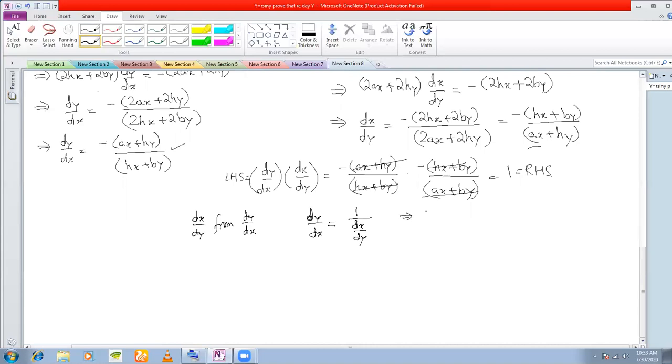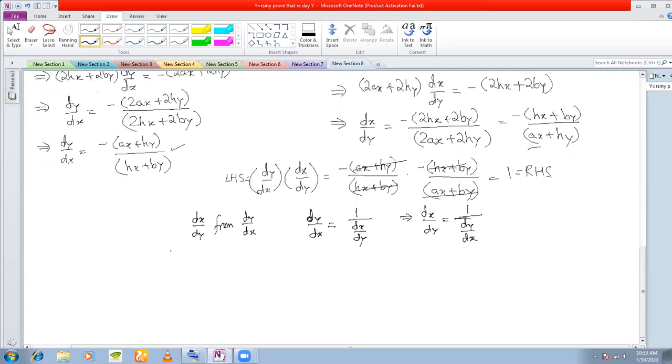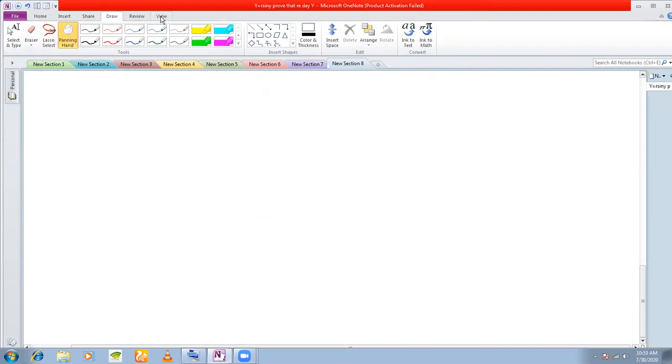Or you can also write dx/dy is equal to 1 by dy/dx. This is not your normal fraction, although it looks like one. dy/dx is not a normal fraction.